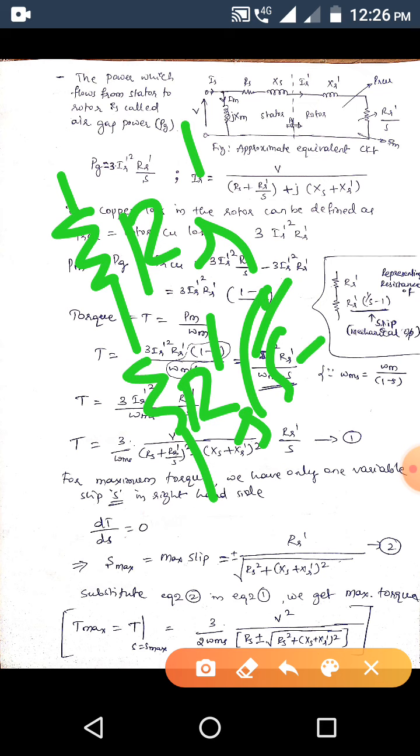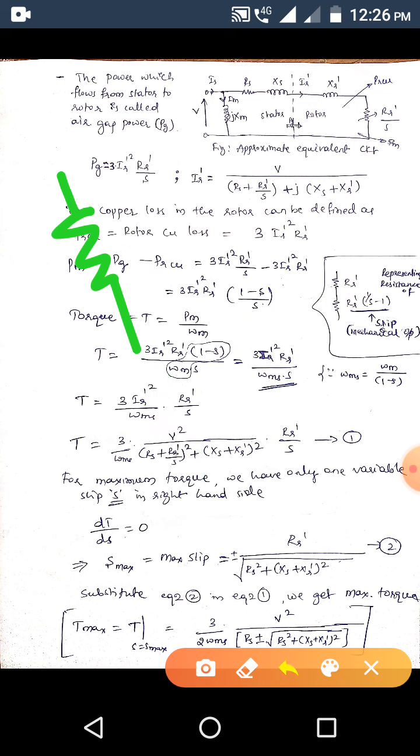So then this output we are going to consider as a resistance, whatever it is there, that represents the mechanical output for some slip here, that is fluctuating the output here. So then the mechanical power we are going to calculate as Pm is equal to Pg minus losses, the rotor copper loss.